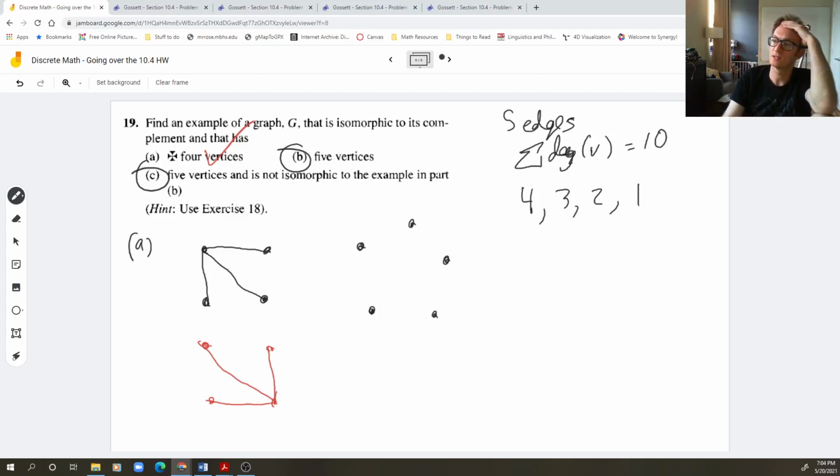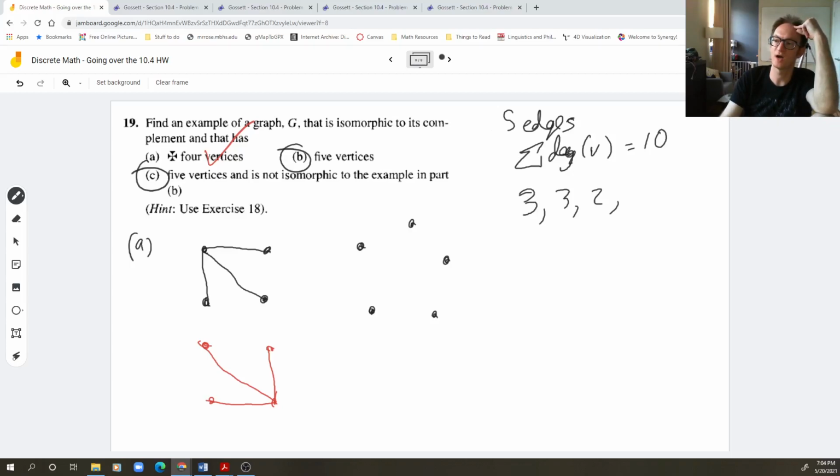So I need to find a sequence such that... what am I doing? There need to be 5 total edges, so the sum of the degrees of all the vertices has to be 10. Oh, of course there's supposed to be 5 things in this sequence. So 3, 3, 2, 2, 2. But that's just not going to work.